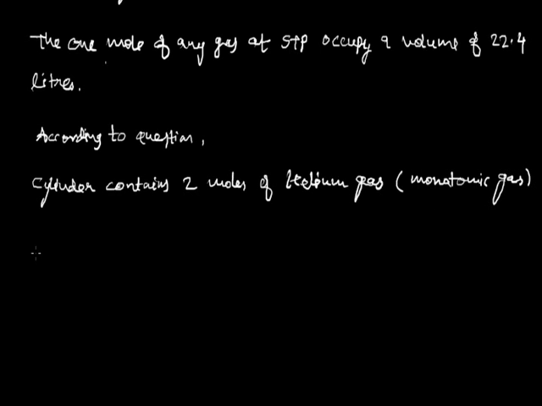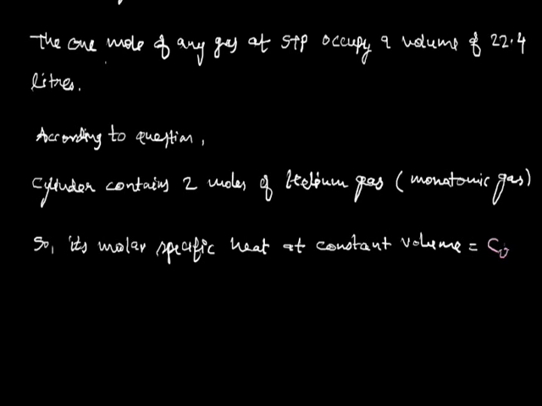So its molar specific heat at constant volume is Cv equals 3 by 2 R, and the molar specific heat at constant pressure Cp is equal to 5 by 2 R. Since the volume of the cylinder is fixed, the heat required will be determined by only Cv, the molar specific heat at constant volume. The volume is constant here.